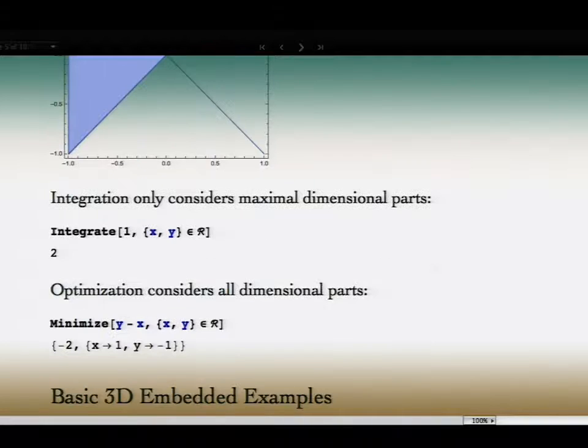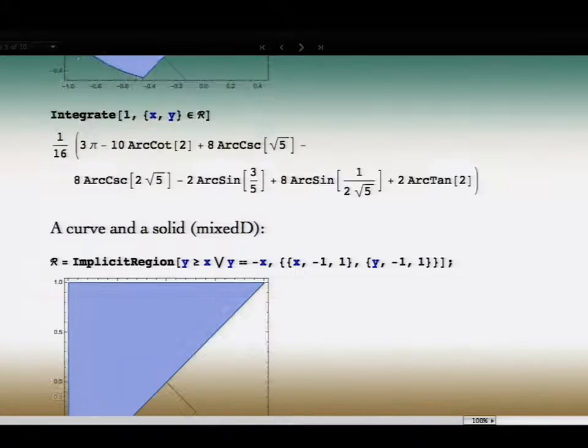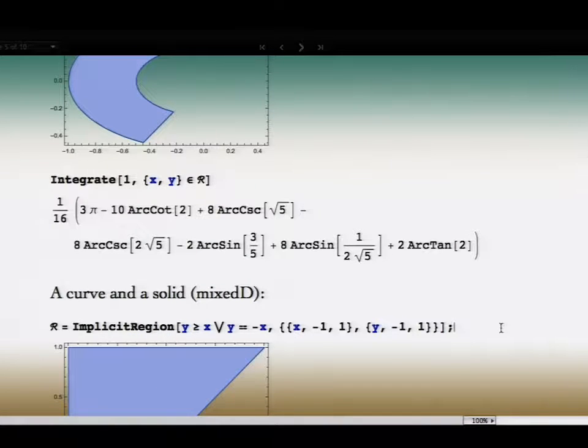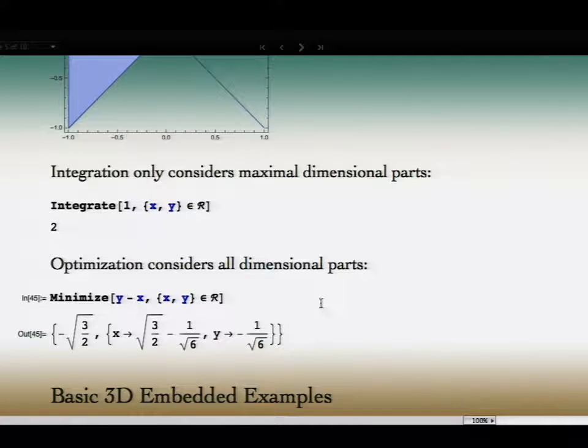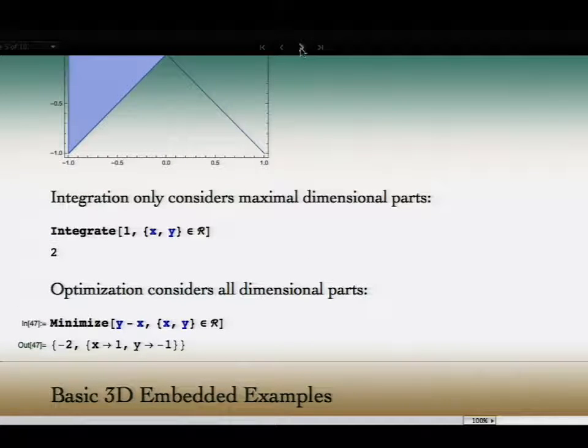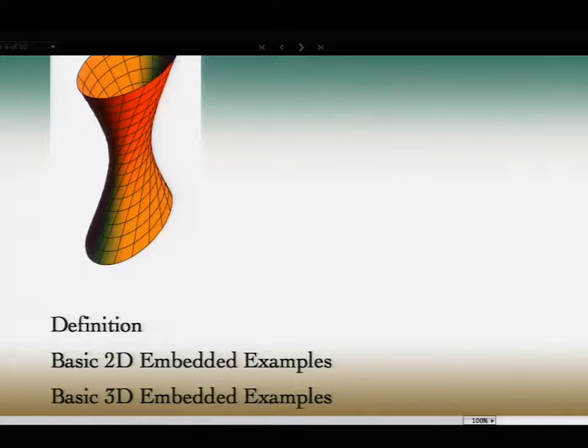So this is a perfectly good region, which, again, we can integrate over and whatnot. And we can optimize over it. Oh, I forgot to define it. That works in any number of dimensions.